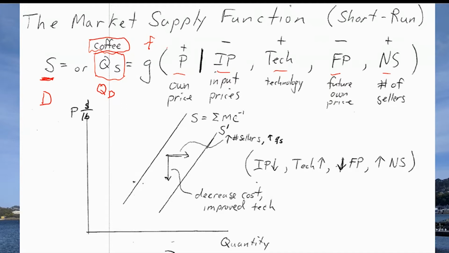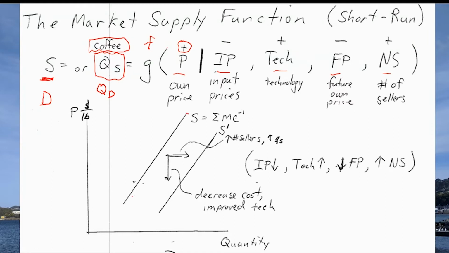Now, the direction of the effects, how changes in the price of the good, for example, will affect supply, is written at the top of each variable. The plus on top of the price means that as the price goes up, there's a positive relationship with the supply in the marketplace. The supply curve slopes upward. We've already talked about that relationship and noted that the supply curve itself comes from the summation of the marginal cost curves.